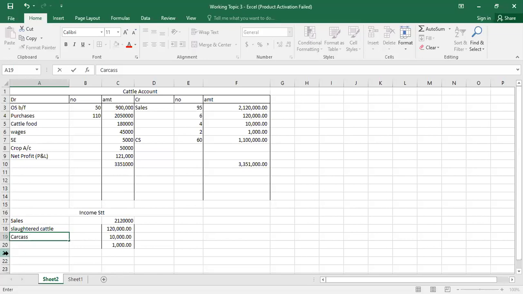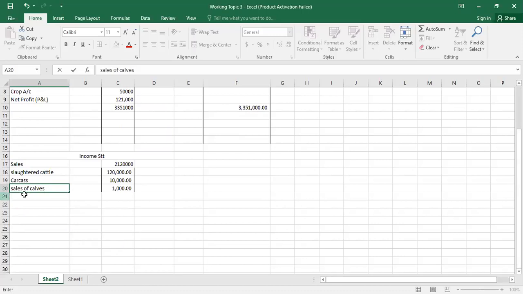Yes. We have sales of calves. It's debatable. Then from there, we are supposed now to have the cost of sales. What are our cost of sales? You have the opening inventory, which is 9,000. So you put it on this column.